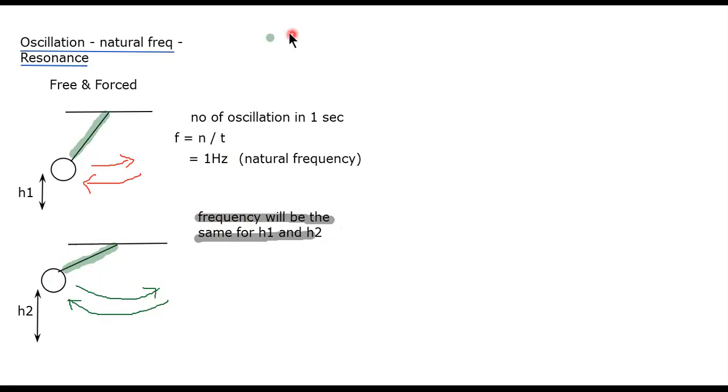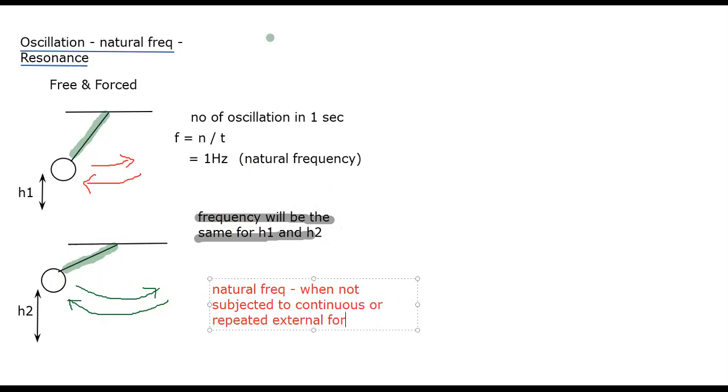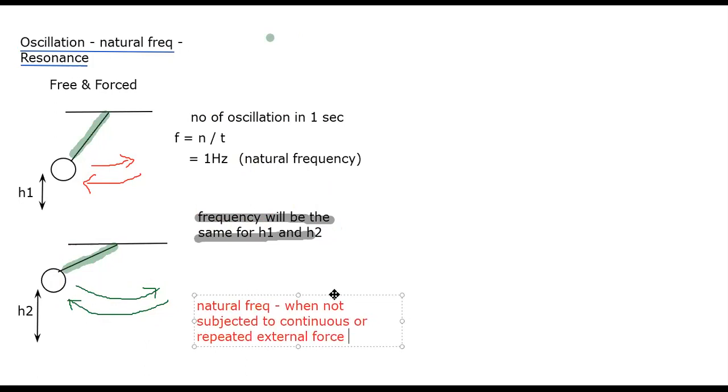So in other words, natural frequency, if I write down, is the frequency when an object is not subjected to continuous or repeated external force. So after I let go of the pendulum, I never touch it.